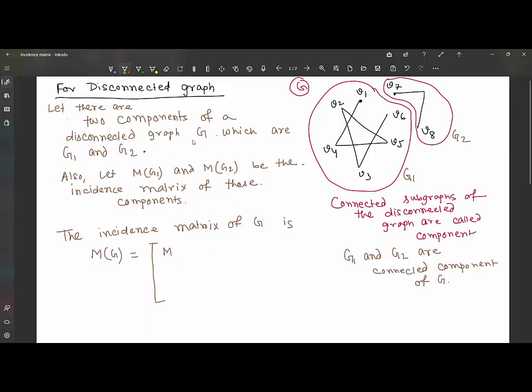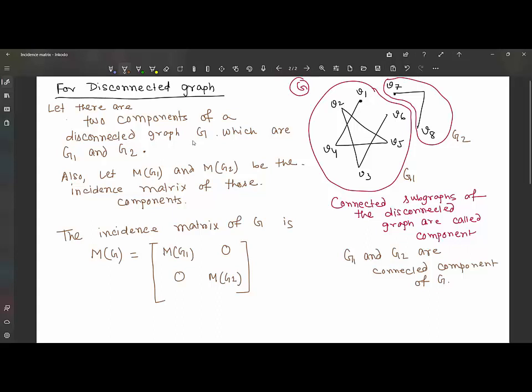This first matrix is M of G1, and place the M of G2 matrix diagonally, and place 0 and 0 here, and this matrix is the incidence matrix. Here the orders of the zeros may be different. These are not the same zero, but these zeros are null matrices. So this is the pattern for finding the incidence matrix of G.